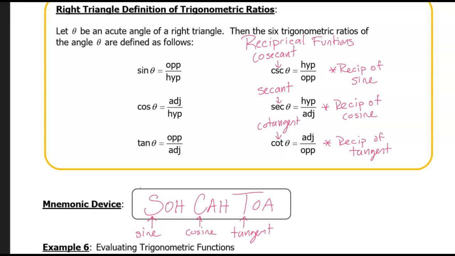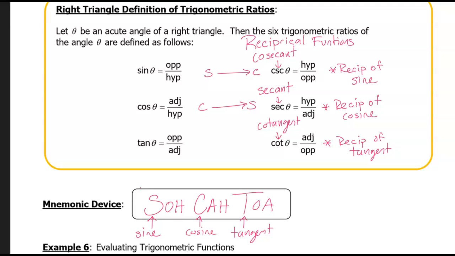Now, I know this is confusing because you're like, okay, sine and cosecant are reciprocals. You would think that the s's would go together and the c's would go together, but no, it's opposite. The one that starts with an S goes to the one that starts with a C, and the one that starts with a C goes to the one that starts with an S. Or at least that's how I remember.